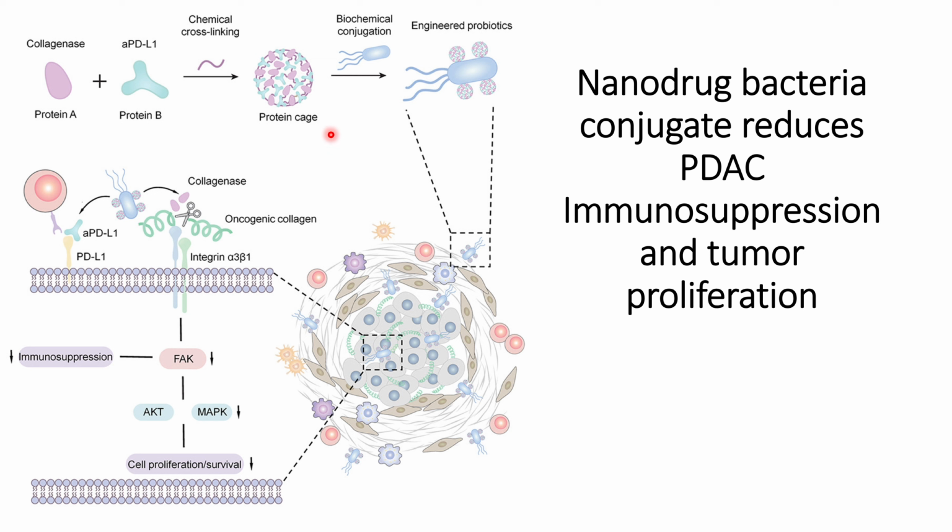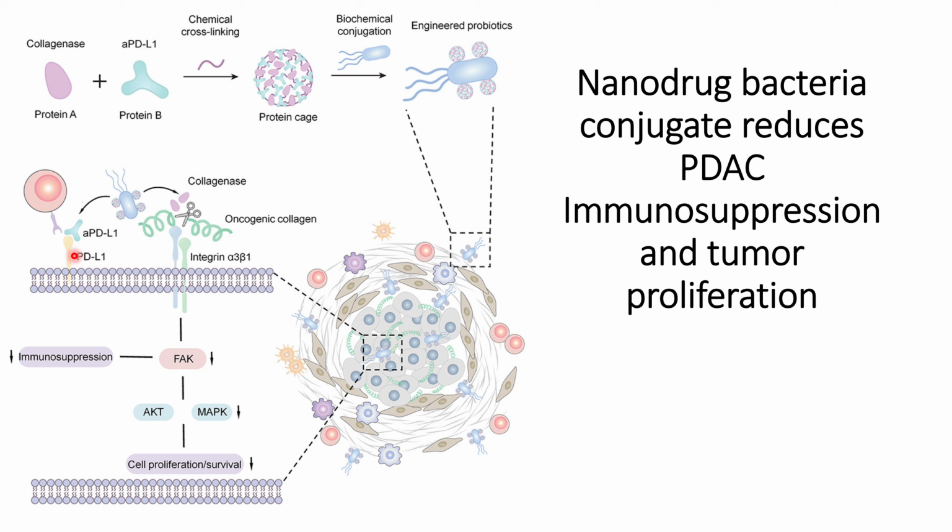And these are the basic reactions that usually occur when the nanodrug bacteria conjugate is used. Protein A and protein B are cross-linked in a bacteria, or biochemical conjugation occurs, and then it is engineered to the tumor microenvironment area of the pancreatic tumors, where it will act and target in two different ways.